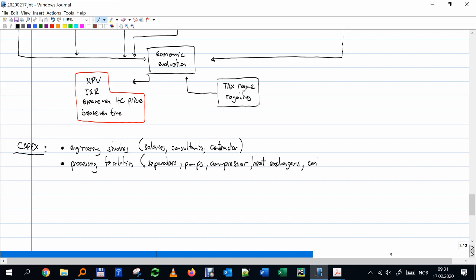I have the control system, I have the injection system if I have gas injection, I have the export system, I have the water, oil and gas treatment.